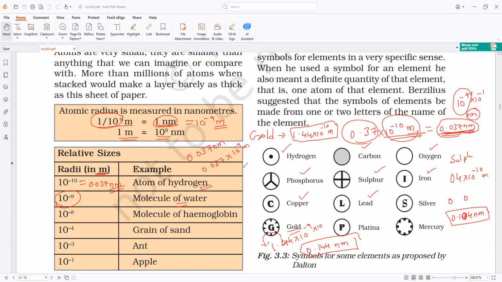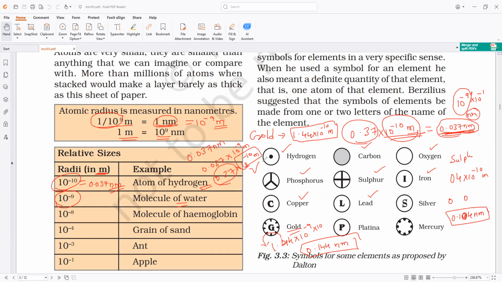So can I write it as 0.37 into 10 power minus 10 meters? Right. 10 power minus 10 is a factor of 0.37. So every element's atom size is of the order of 10 power minus 10.